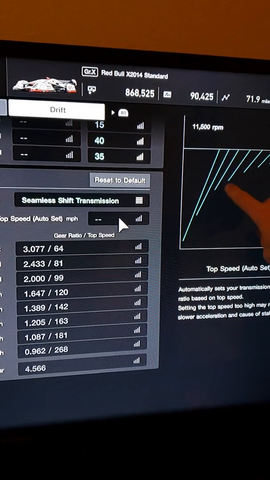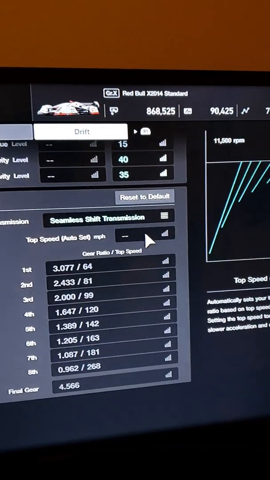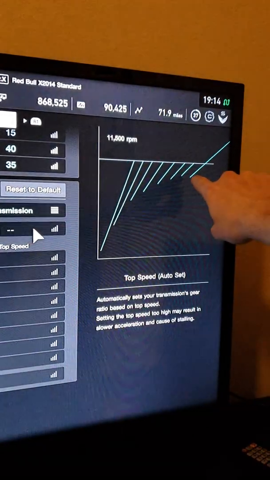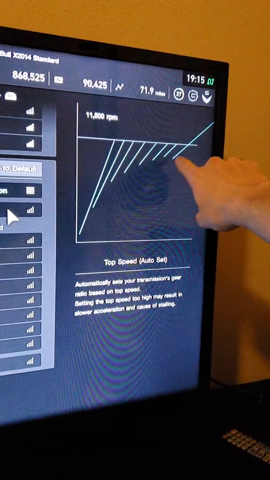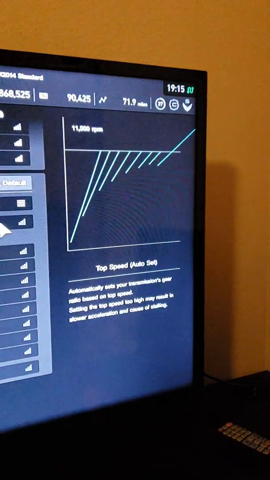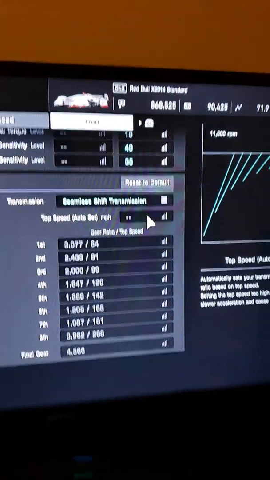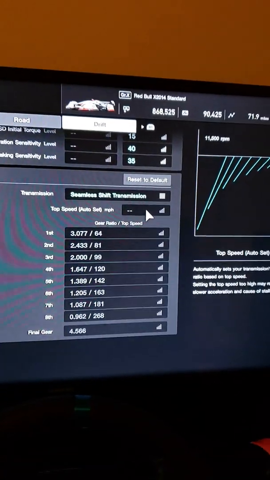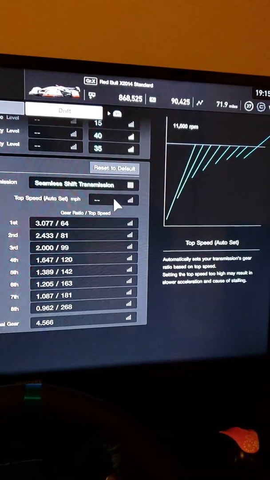I don't really know why, but they do that, and then they kind of break the 8th gear a little bit. As you can see, the 8th gear is just a little bit broken. Not drastically, but a little bit. Because even though the F1 cars have 8 gears, they really have 7 gears, and the 8th gear is kind of like this double clutch thing.